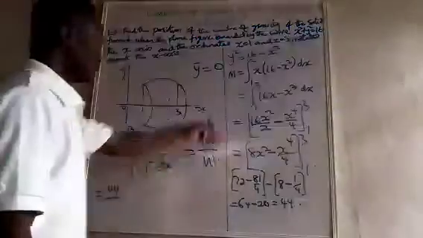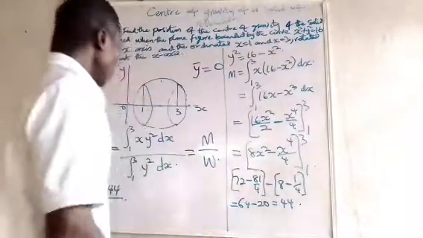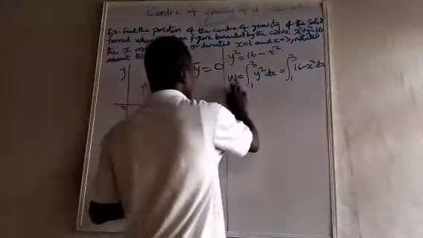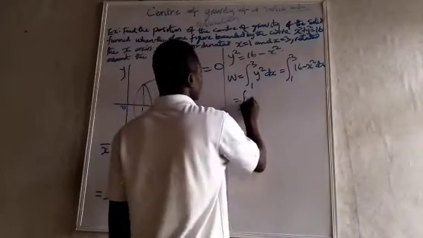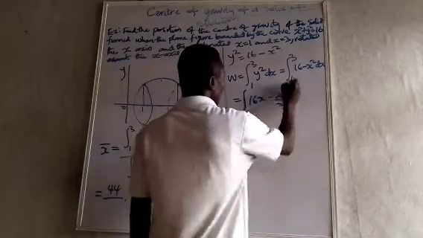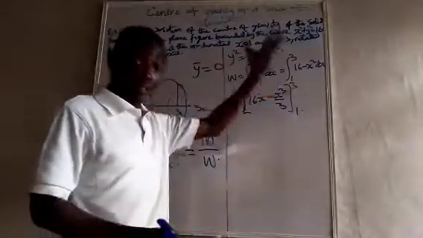After integrating, that gives me 44. Let's now find W. The expression for W is the integral of 16 minus x squared, which is 16x minus x cubed over 3 from 1 to 3. Just know the process; every other thing is just integration.